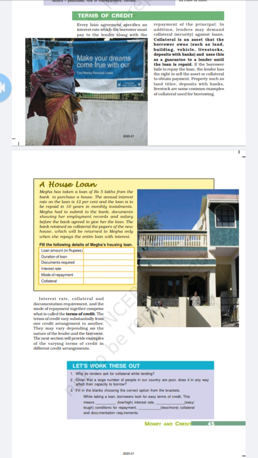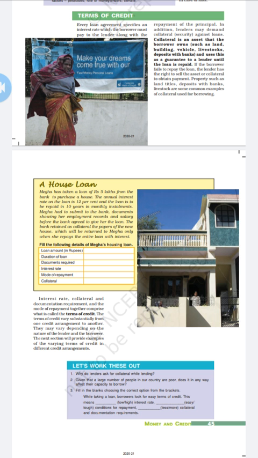Duration of loan, how much? 10 years. Documents required? The employment records as well as a salary slip. Interest rate? 12%. Mode of repayment is installments. What security has she kept? The papers of the new house.